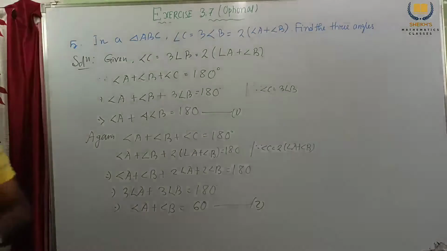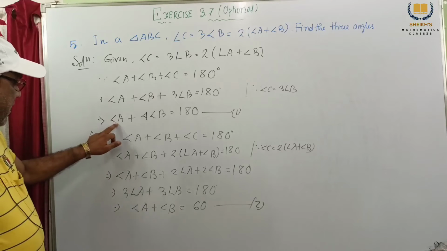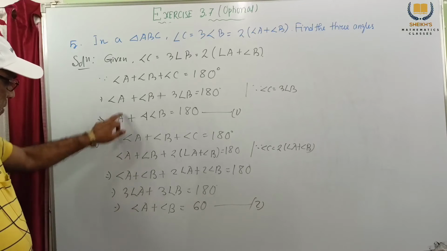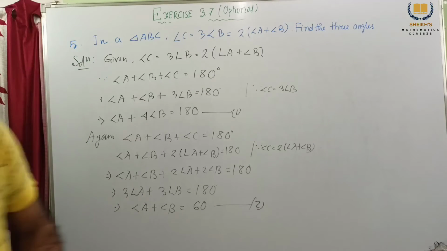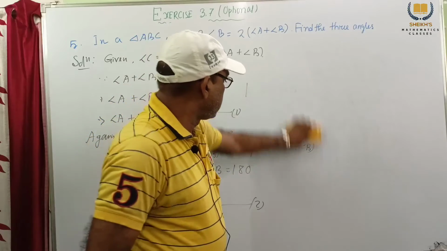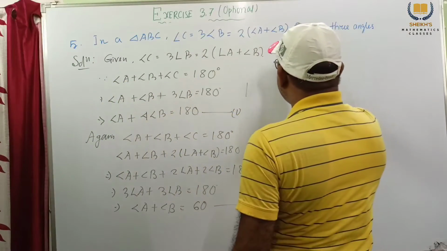Number 2. Now these two have the same angle A. We subtract these two. 1 minus 2.